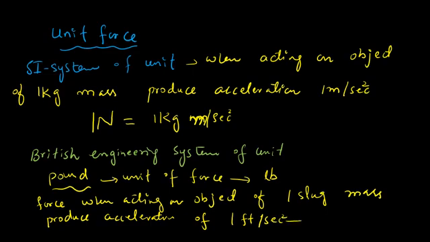So we can write that 1 pound force is equal to 1 slug foot per second square. That is, when a force of 1 pound acts on any object of mass 1 slug, it will produce an acceleration of 1 foot per second square.